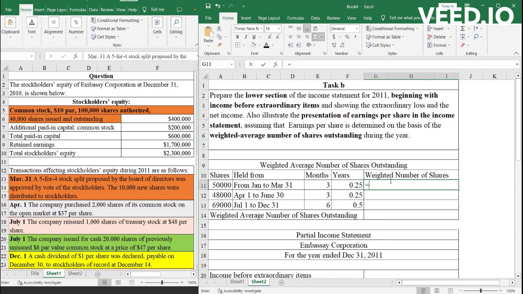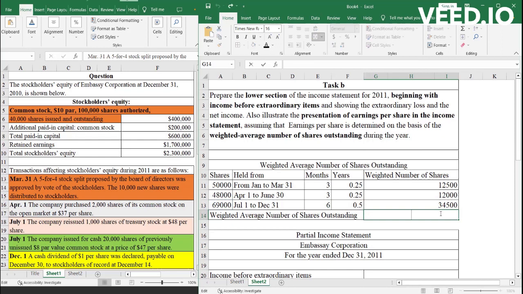Now, what is the weighted number of shares? For 0.25 of a year, we have 50,000 shares. Then we have 48,000 shares for another 0.25 years, and we have 69,000 shares for half a year. So now we have the weighted number of shares in each part of the year.